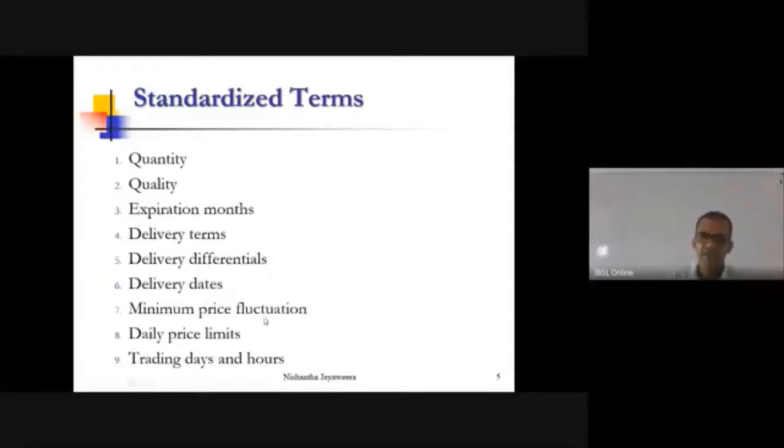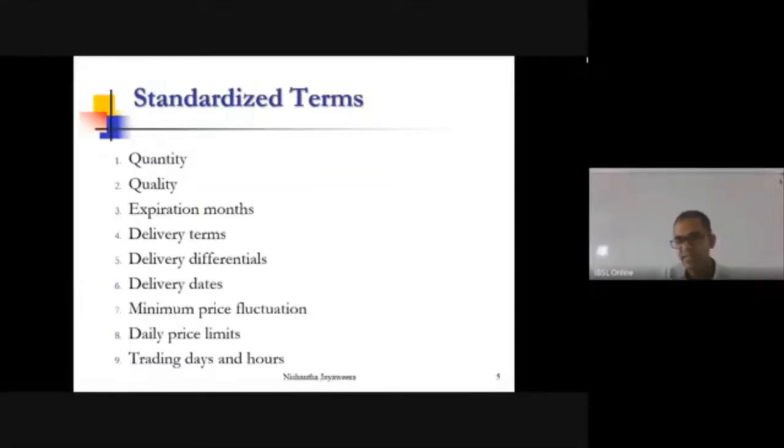And the price fluctuations. You are not allowed to freely change the price. Say the dollar-rupee transaction, usually we use 2 decimal places. But if we want, we can use the 3rd decimal place as well. In the domestic market, when we do spot transactions, there may be even 2 decimal places. We can increase or decrease the price by 1 cent.